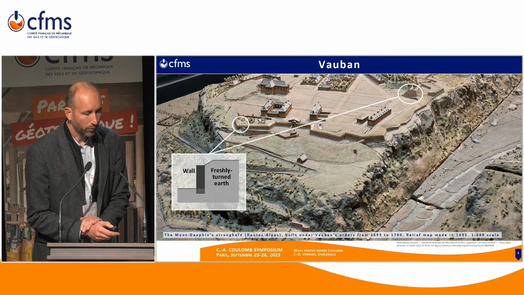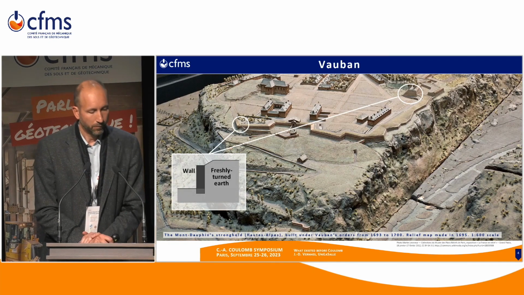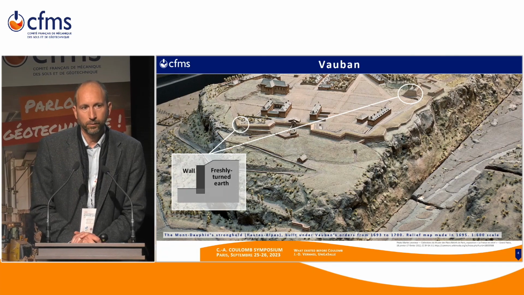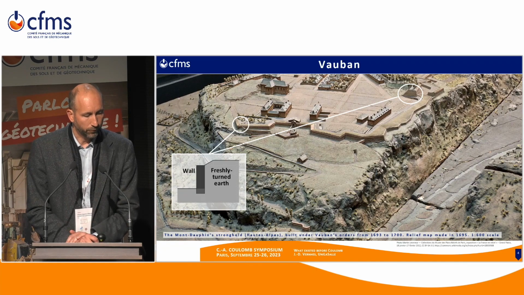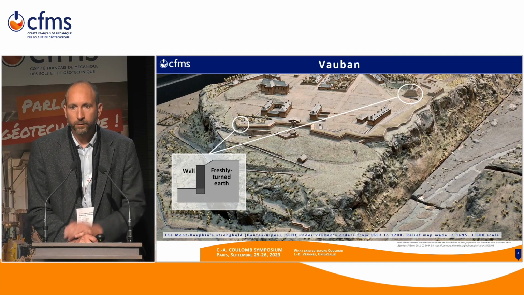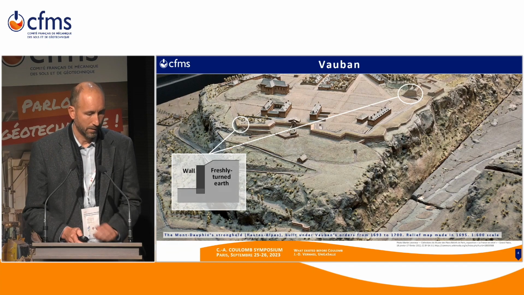If you have a careful look at this photograph, you see that those fortresses included some retaining walls built against what they called freshly turned earth, in other words, fill or low cohesion grounds.